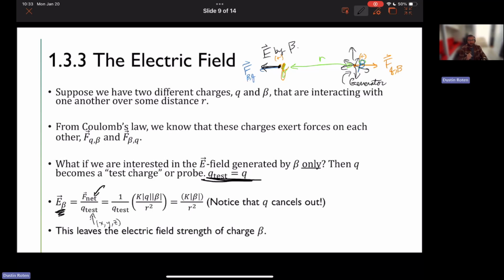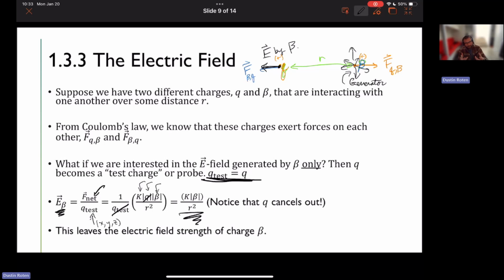Okay. Now from here we can just plug and chug. We know how to calculate the net force because that's just the electrostatic constant times the magnitudes of both charges. Well, it's Q and beta. We have to cancel out our probe charge. Well, we know that's just Q. So Q test and Q cancel out, and that just leaves us with this last statement here.